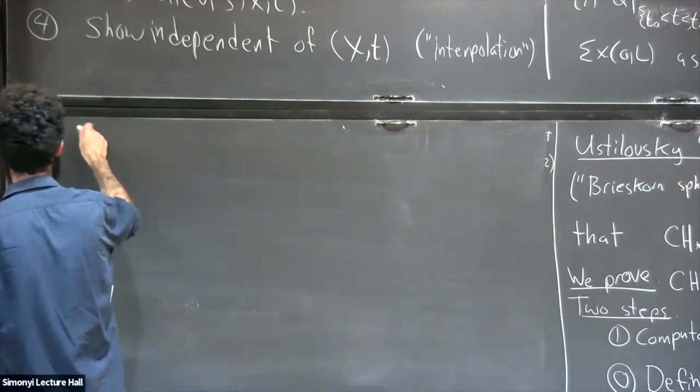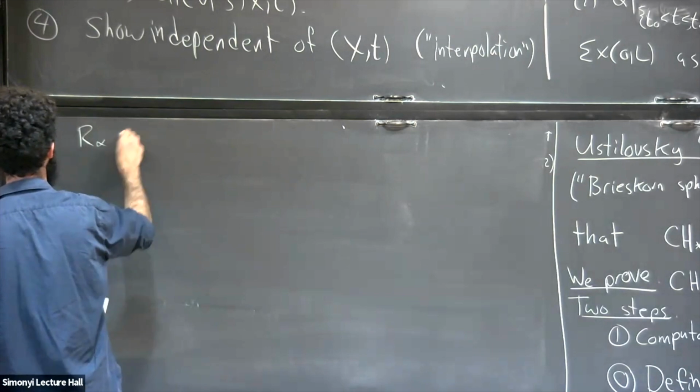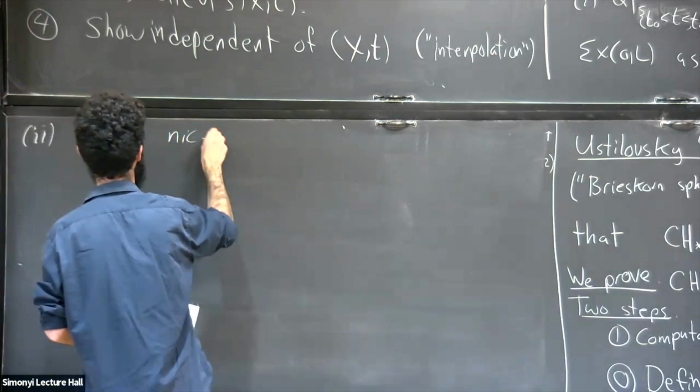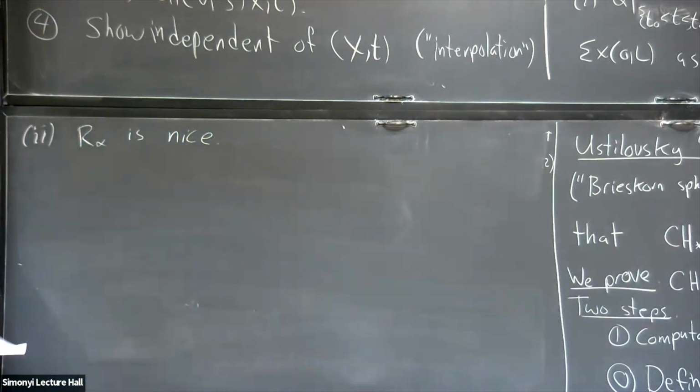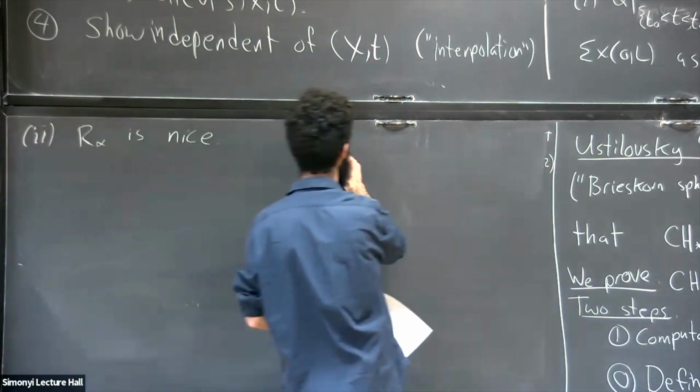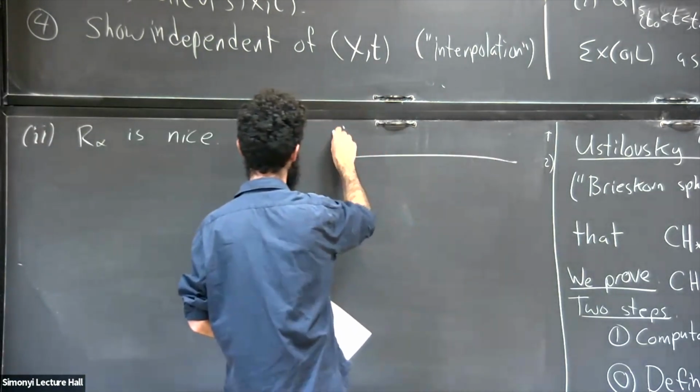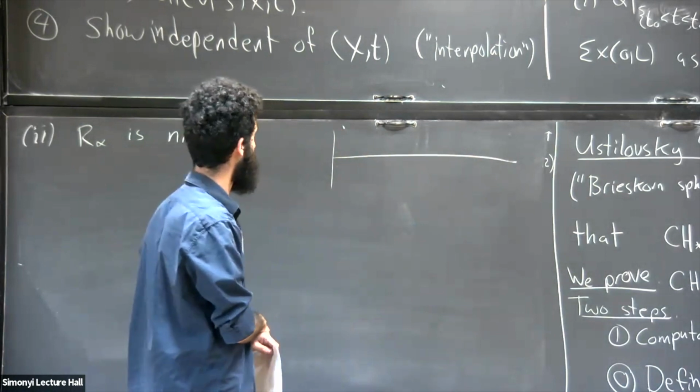The second condition is that the Reeb vector field R alpha is nice. To formulate this, you need to say something about the geometry of convex hypersurfaces.